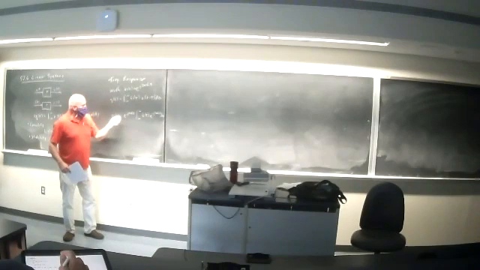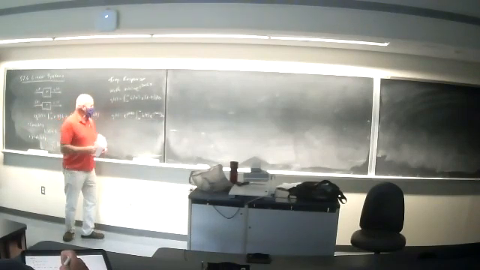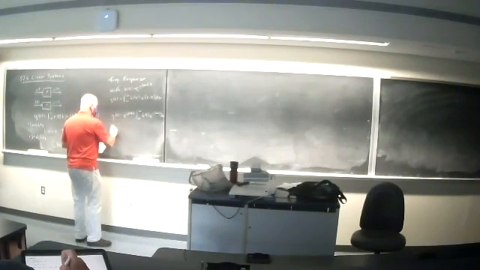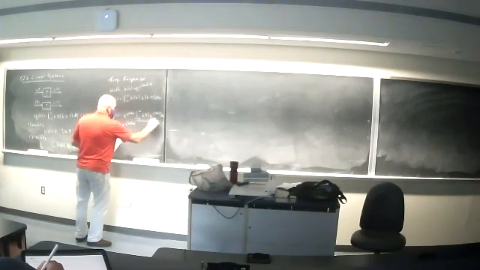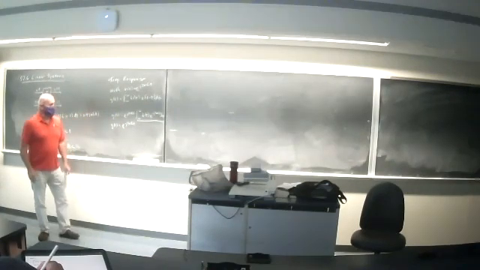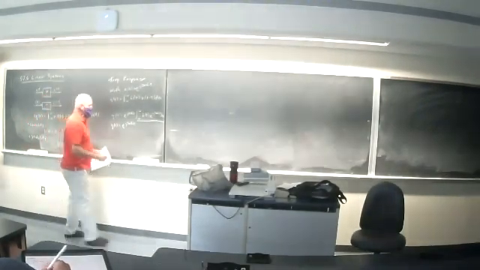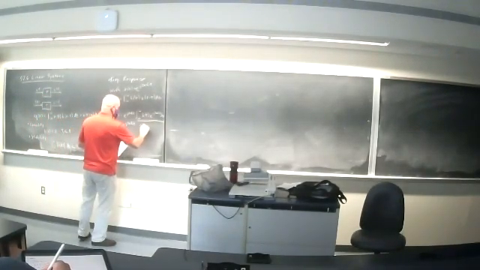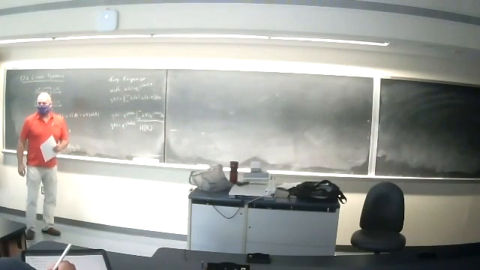I can pull the t term out of my integral because my integral is over tau. So I have e to the j 2 pi f0 t times this thing, which is the Fourier transform of h of t, my impulse response, evaluated at a particular frequency, f0.